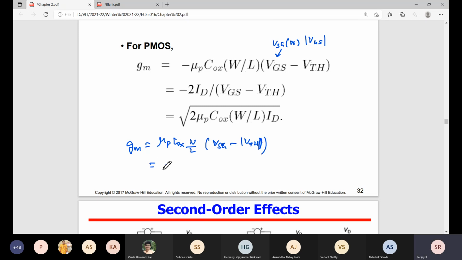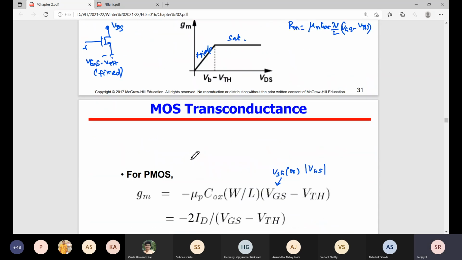Similarly 2ID divided by (VSG minus mod VTH). Similarly root of 2ID μp Cox W by L. These are the gm equations for PMOS. So that's all about transconductance.